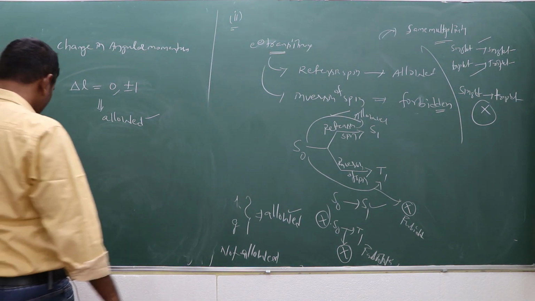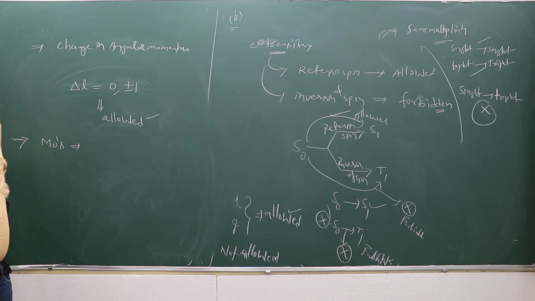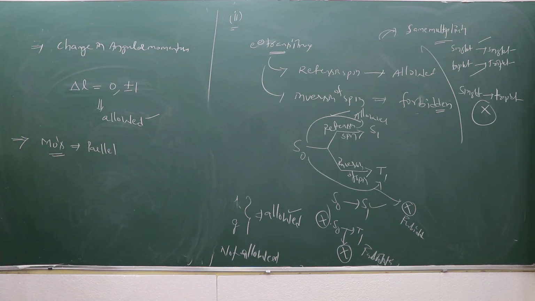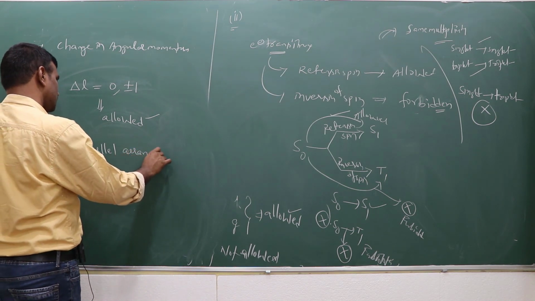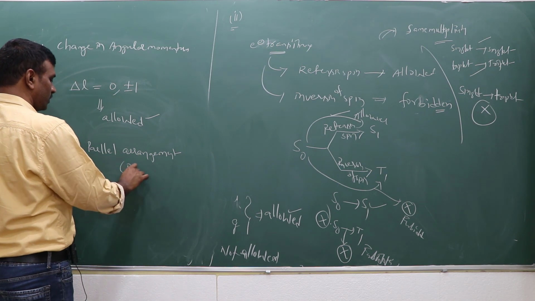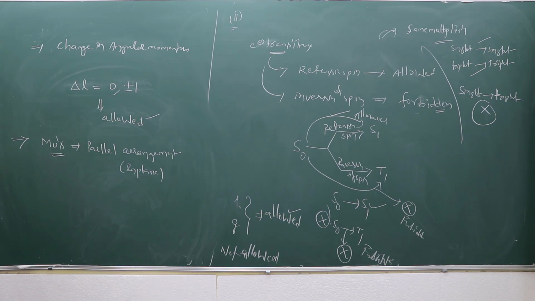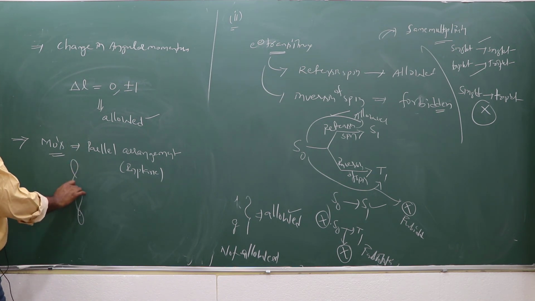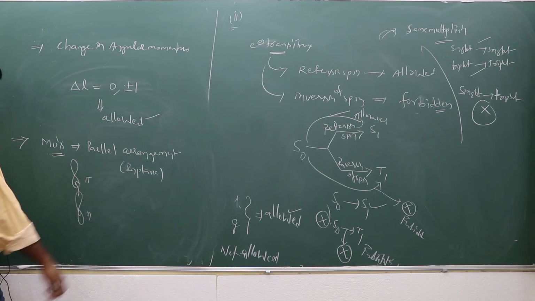If the molecular orbitals have the same symmetry, or a parallel, in-plane arrangement, with good overlapping, then n orbitals and pi star orbitals, having the same symmetry, overlap.